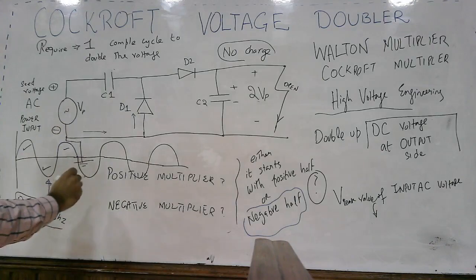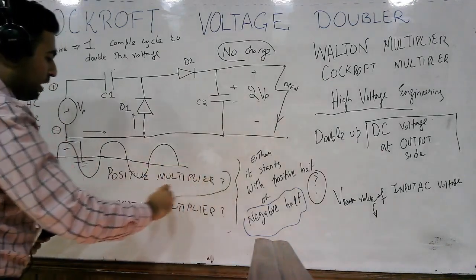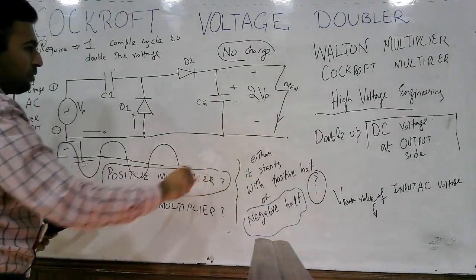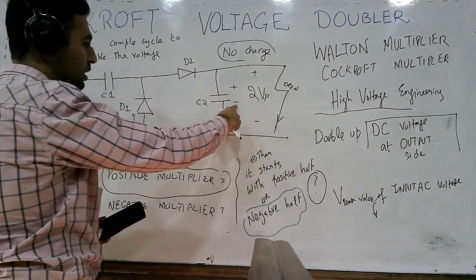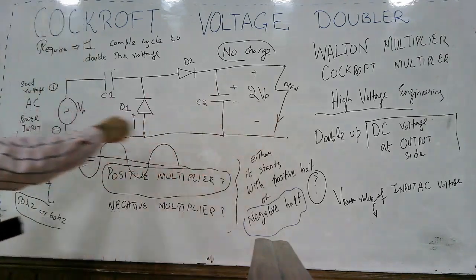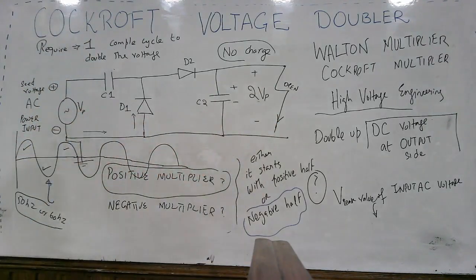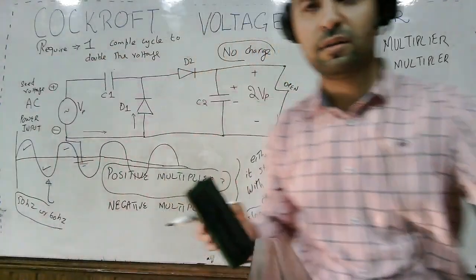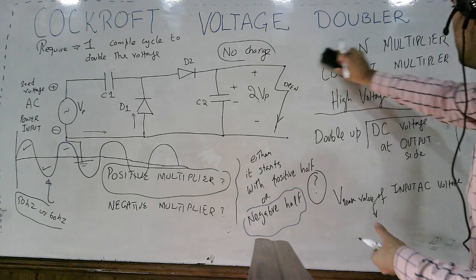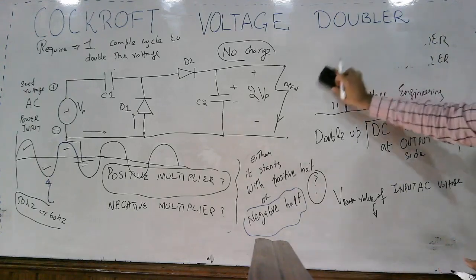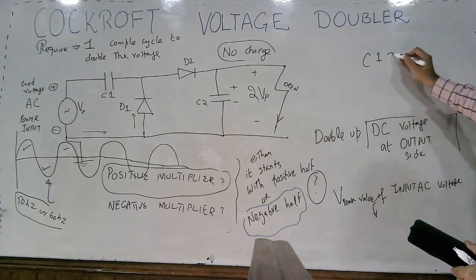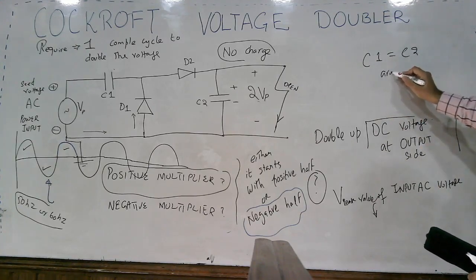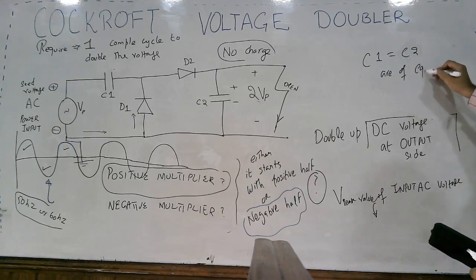why is it known as the positive multiplier? It is named positive multiplier because here the voltage is positive and here the voltage is negative, irrespective of the source voltage. Okay, so this is what. And one more thing to add here is that the capacitors C1 and C2 are of equal ratings.